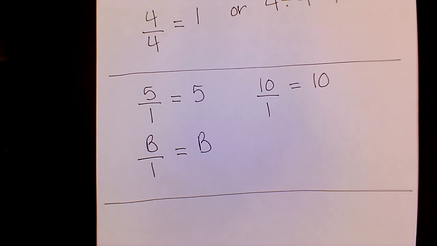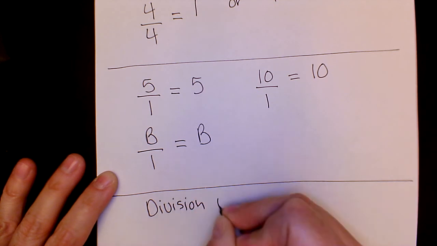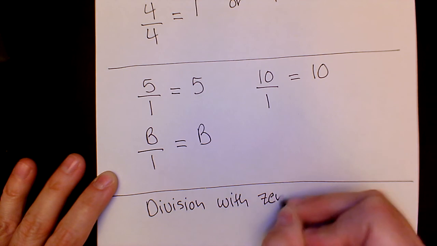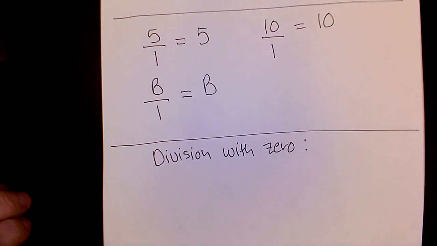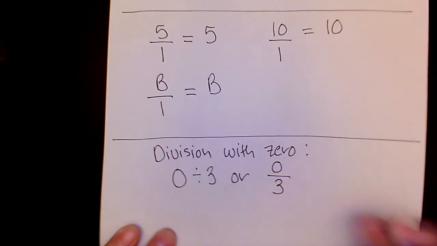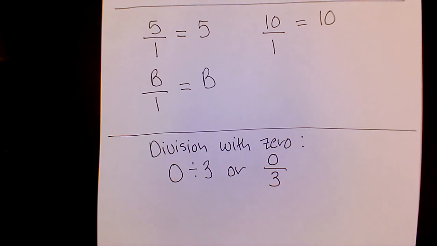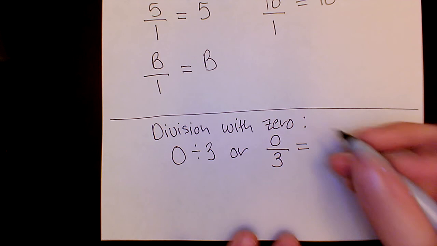Now what about 0? What if I had 0 divided by 3, or what does that equal? Well, 0 divided by 3 is simply 0.